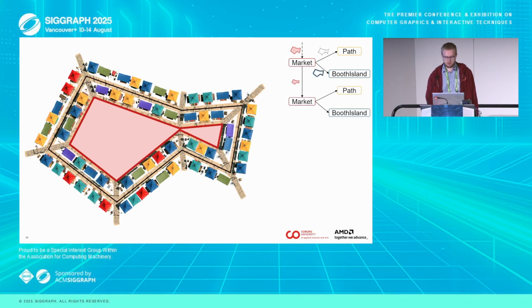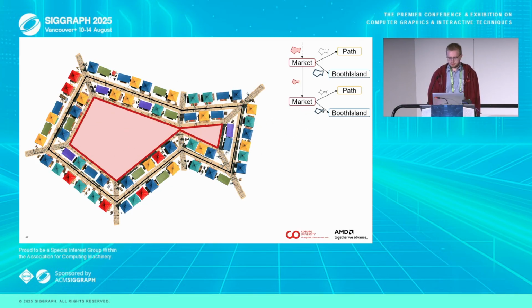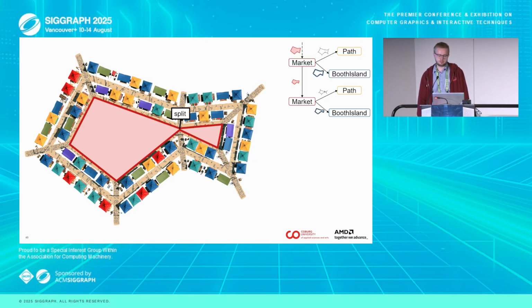We can now continue with our market generation by just recursing, right? With work graphs, we can recurse, and now we have again a polygon, so we can recurse the market and generate the next layer of booth islands. And again, write records. All right, and now we have arrived at our first event. It's a split event, and now the market splits into two.